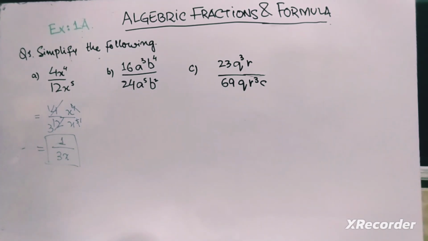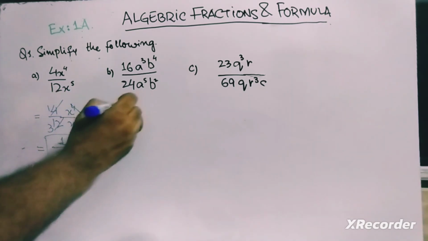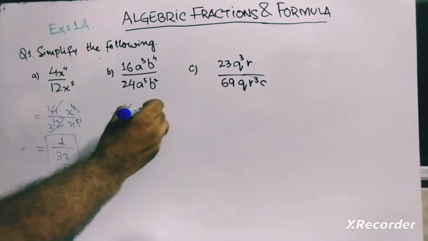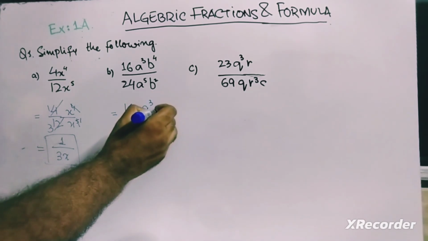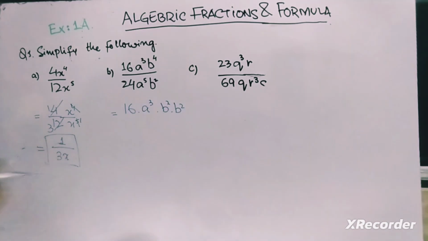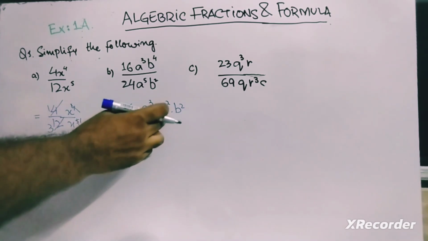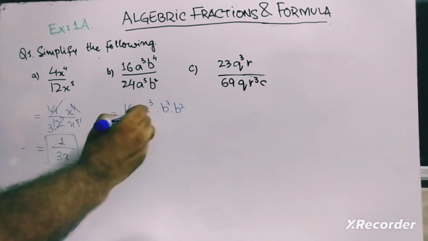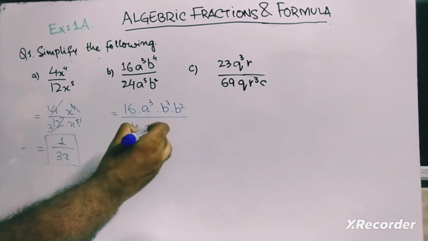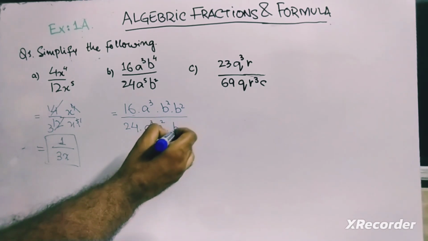Similarly, part B, 16a^3b^4 upon 24a^5b^2. So we can write 16 into a^3 into b^2 b^2. For your understanding, we split b^4 as b^2 times b^2. Now 24 into a^3 into a^2 into b^2.